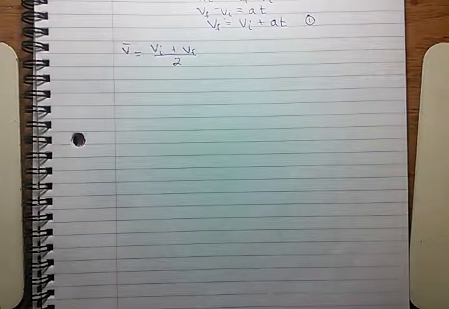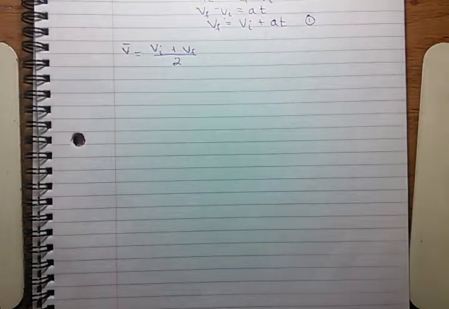So that's just like if you have velocity in one place and velocity at another place and you divide by 2, then you get the average. So you should all know averages. One item plus another item divided by how many items there are gets you the average of the items.